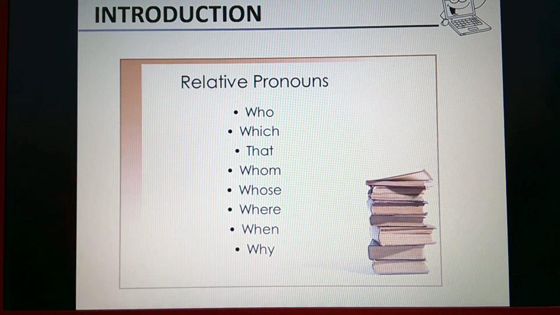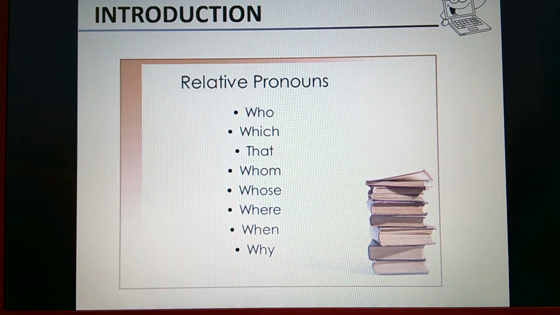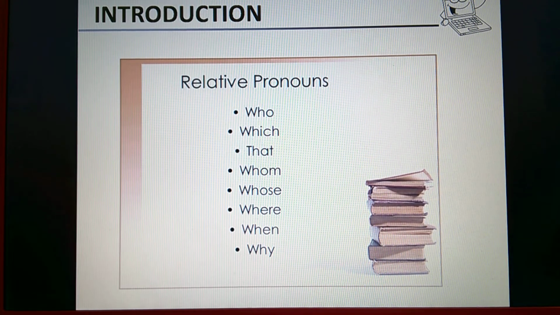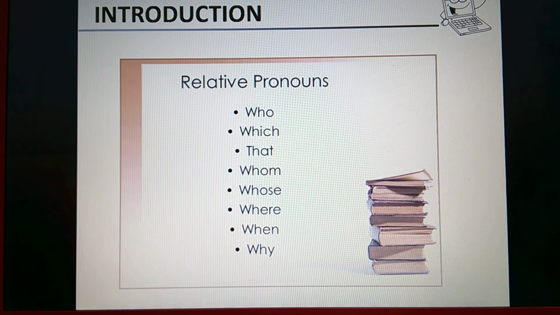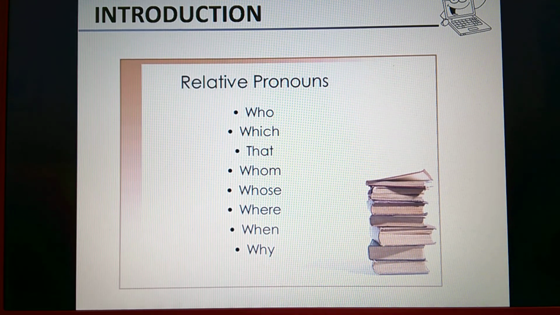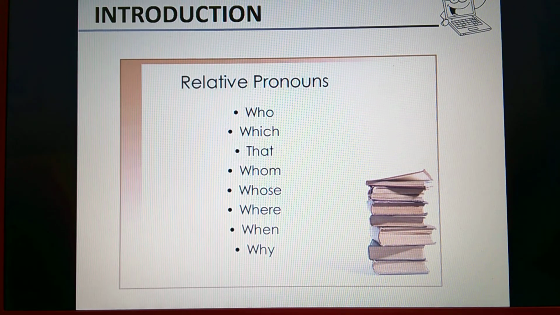Very often, we would like to describe or we need to identify the person, place, thing, time, or reason we are talking about. And we use such words as who, whose, which, that, when, where, or why. But there is often some confusion, as in certain places we can eliminate them, or we can use that instead of who or which.